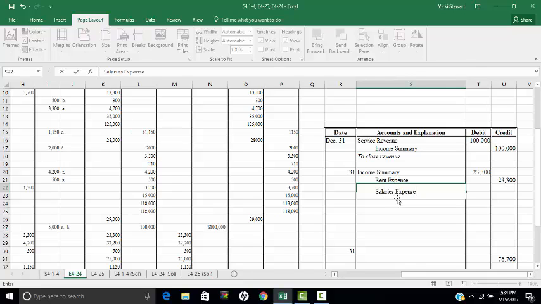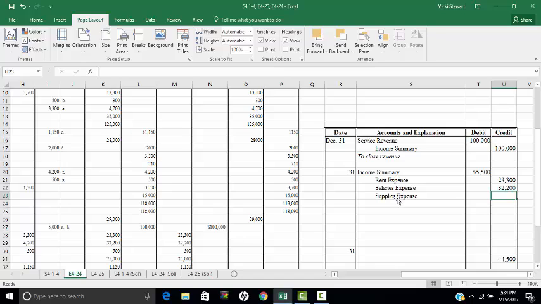Salaries expense is next. And I have my total updating as we go along. I have a formula in the problem where it's calculating the total for income summary as we complete each portion of this. Close each one of the accounts.